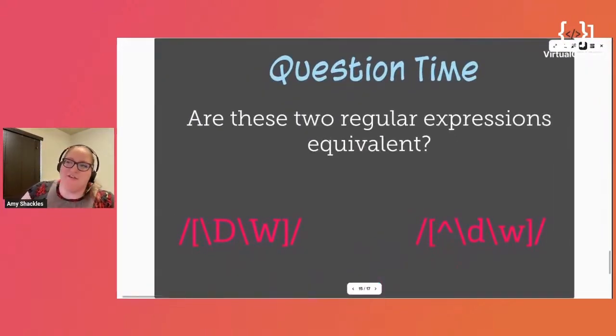All right, question. Are these two regular expressions equivalent? We've already covered character sets and negated character sets, and we know that capital D means non-digit, capital W means non-word, lowercase d means digit, lowercase w means word. So is the character set of non-digit, non-word equivalent to the negated character set of digit and word?